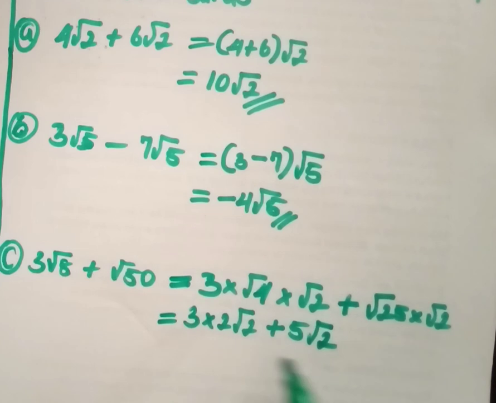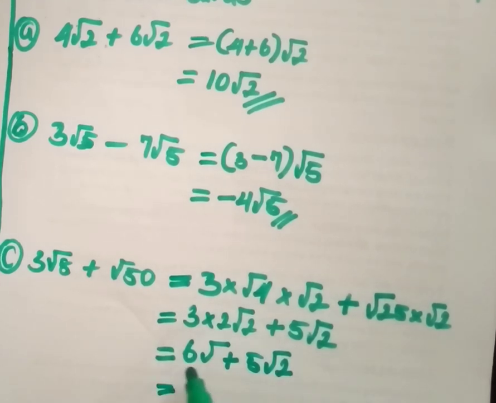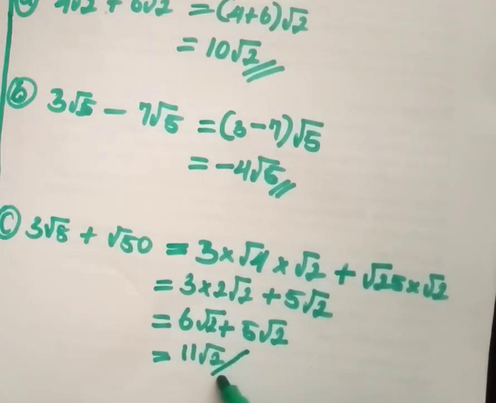We have 2 under the square root, we have 2 under the square root. So this is equal to 3 times 2 will give you 6, and then root 2 plus 5 root 2, and this is equal to, when you add 6 and 5, it will give you 11, and then the root 2. Sorry, root 2 is supposed to be here, and this is our final answer.